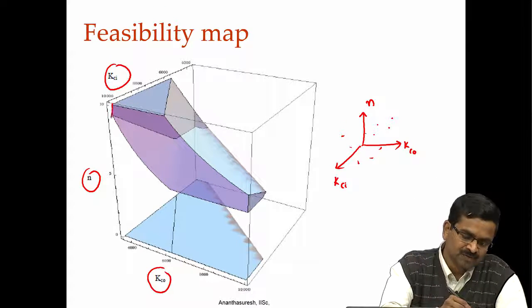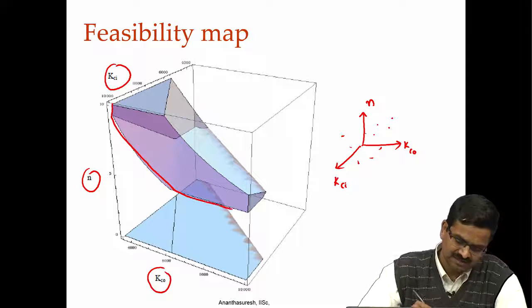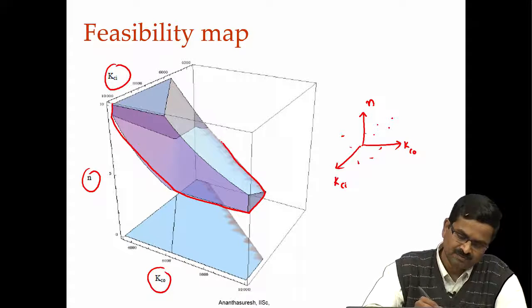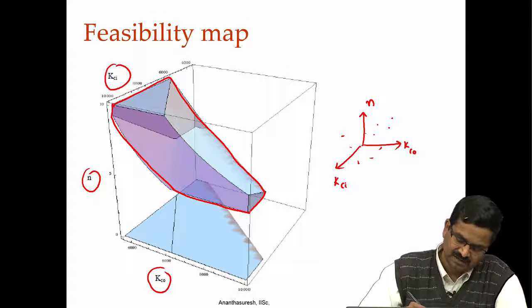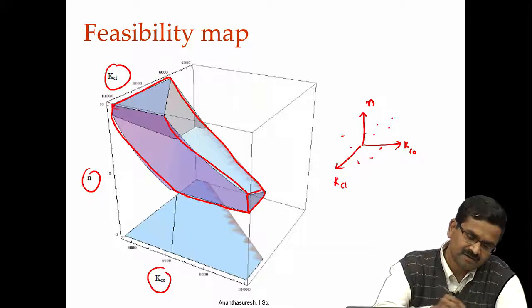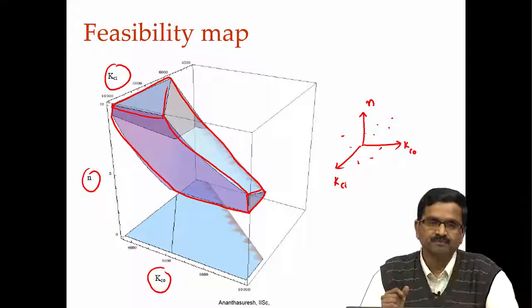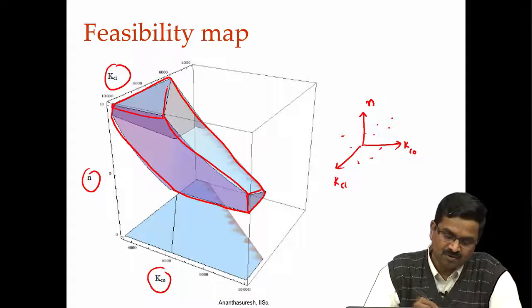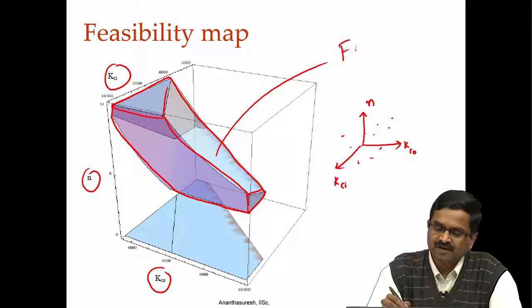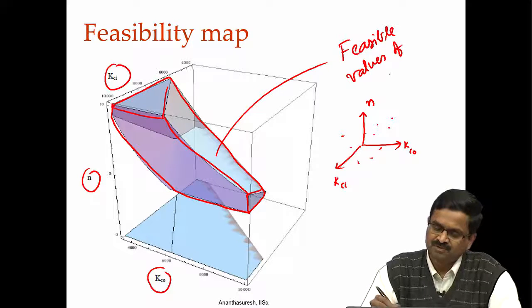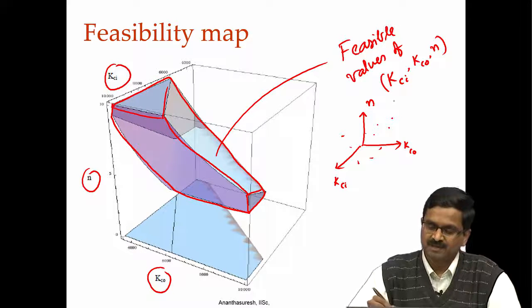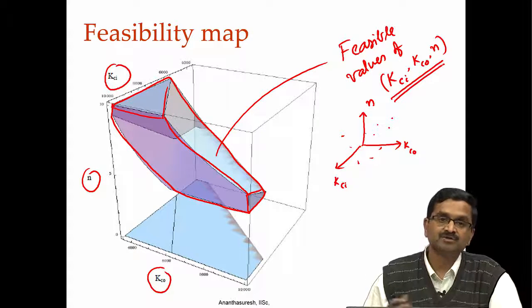So, the volume that is shown here, this entire volume here, this volume is the one that contains all the feasible values of the triplet, feasible values of KCI, KCO and N. These are the ones that we want to calculate and show to the user.